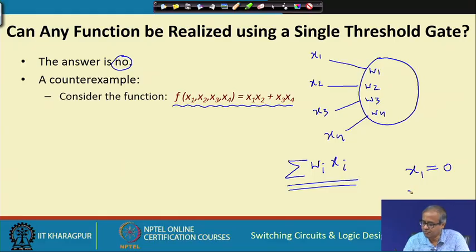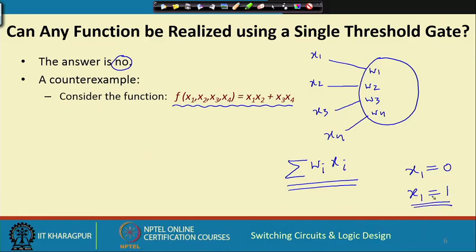So, you will have to consider only those terms for which the input is 1. For example, if x1 is 1 and x3 is 1, then the weighted sum will be only x1W1 plus x3W3. x2 and x4 will not appear here because they are 0, right?